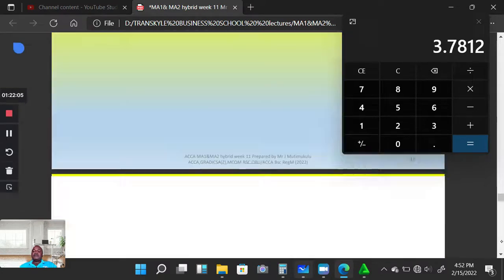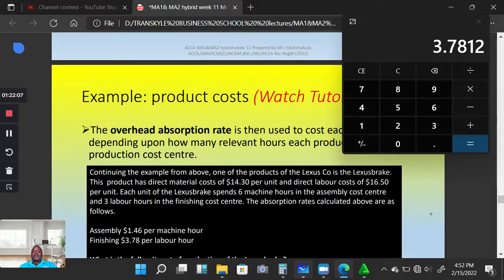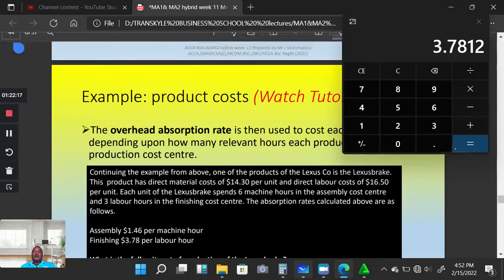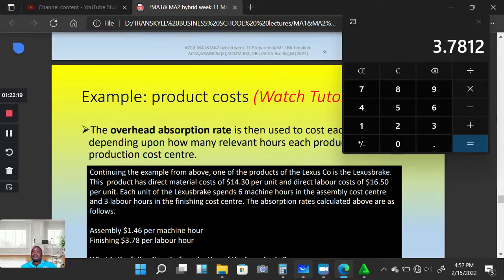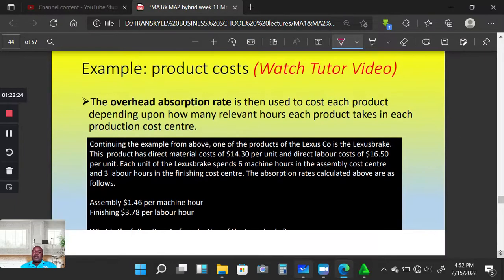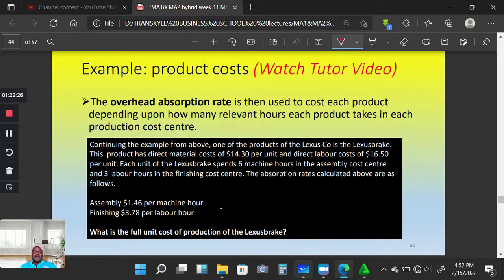Now continuing from this example, one of the products of Lexisco is the Lexisco brake. This product has direct material cost of $14.30 per unit and direct labor cost of $16.50 per unit.